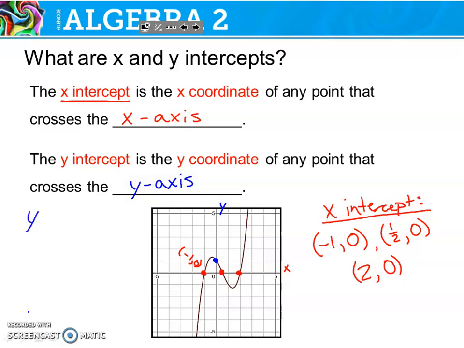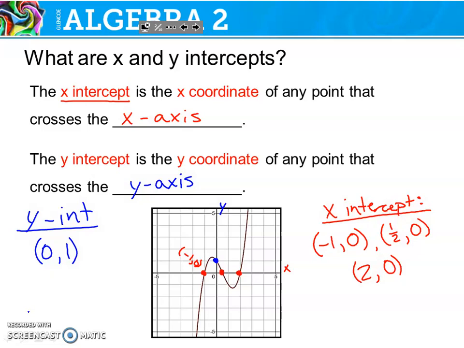If you ever see I-N-T, they're talking about intercept. If I asked you to give me the y-intercept, our y value would be 1. What is our x value for the y-intercept? Well, it would be 0. So 0, 1 would be our y-intercept.